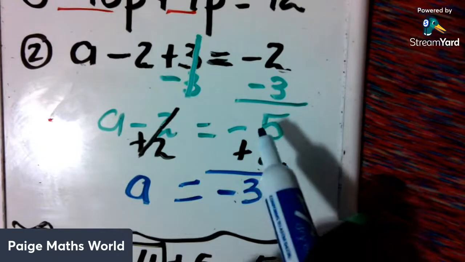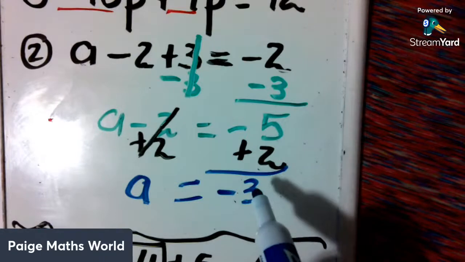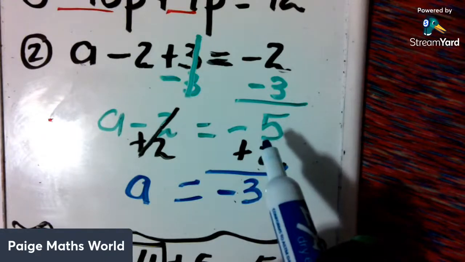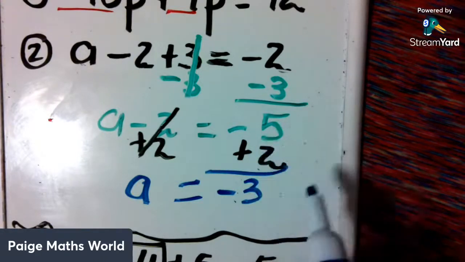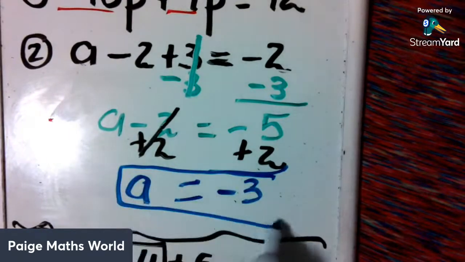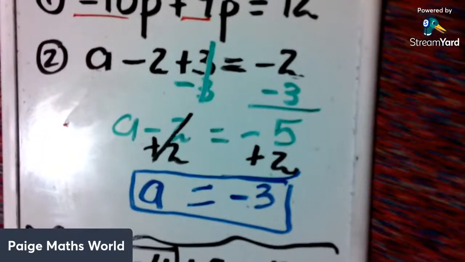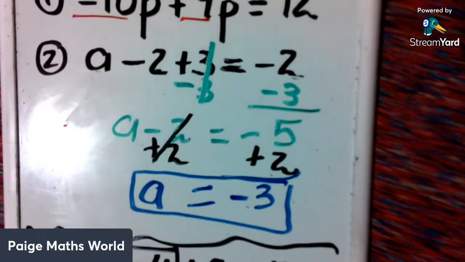So we have a negative 5, we have a positive 2. So 2 from 5 is 3. We keep the sign of our larger number, which is negative. And so our answer here is A is equal to negative 3. Do we get the same answer still? Did we get the same answer from before?